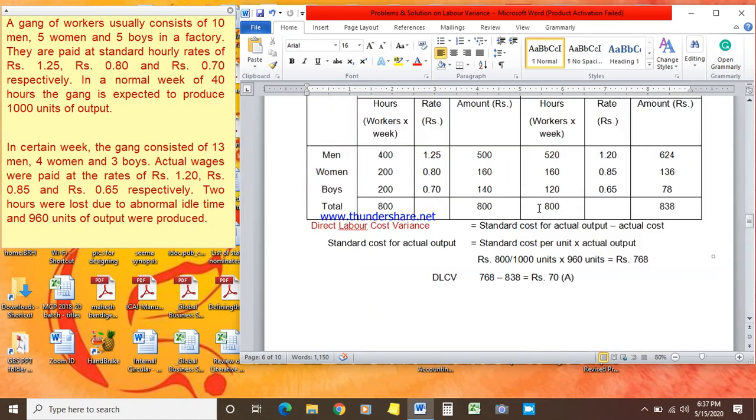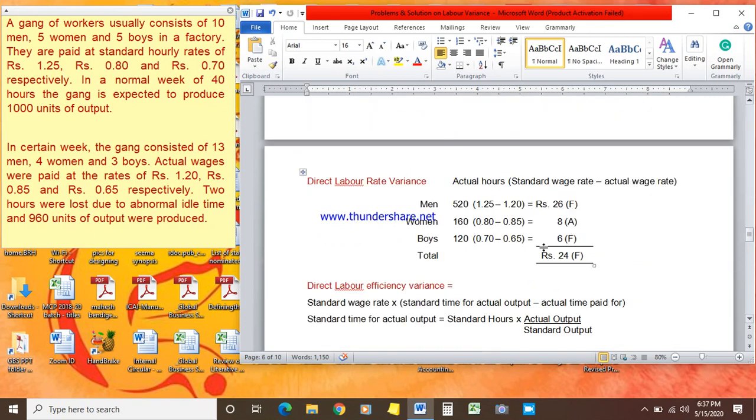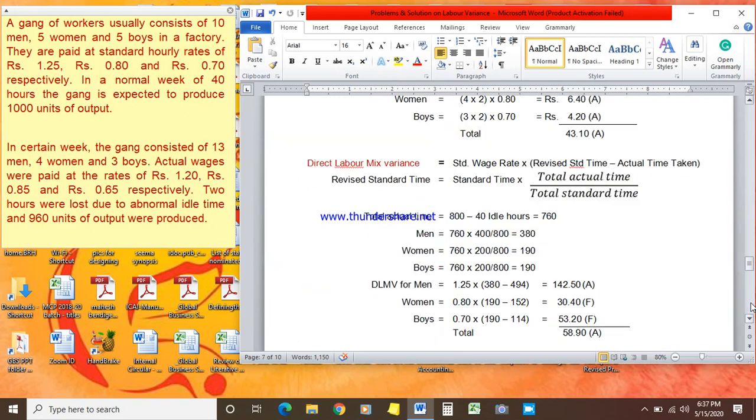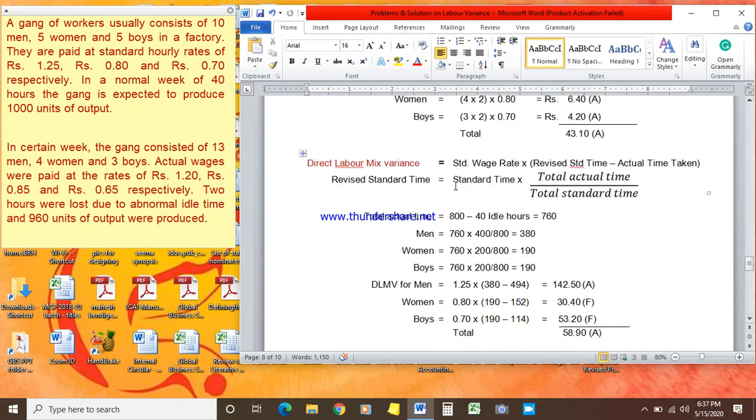So total 800 hours all the laborers together have spent, but out of this 800 hours, 2 hours is the idle time. So 2 hours comes to how much is the total idle time that they have spent. If I take that into consideration, totally in all how many workers are there?